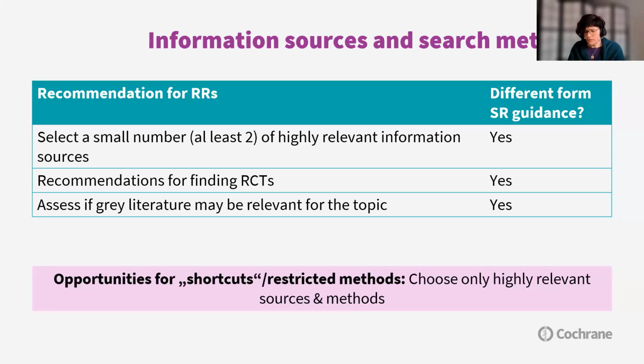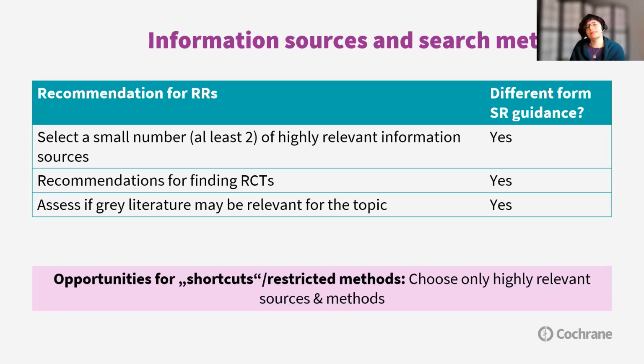to licensed databases. We have additional specific guidance for finding randomized controlled trials, because this is an area that is very well researched, and these recommendations are basically the same as in the Cochrane Rapid Review Methods guidance. So we recommend at least using 2 databases from among 3 databases, namely Medline, Embase, or Central.